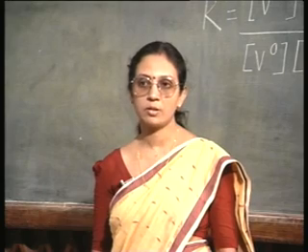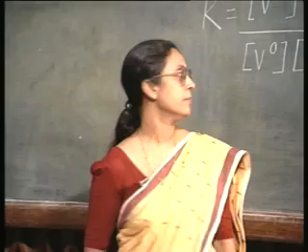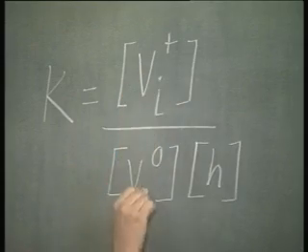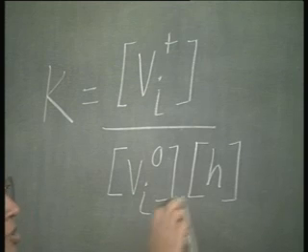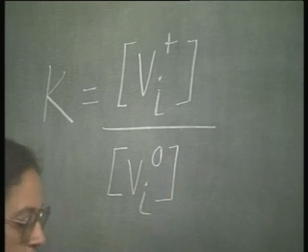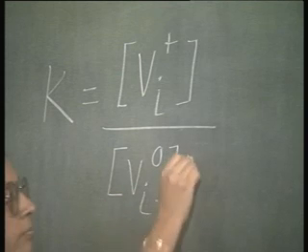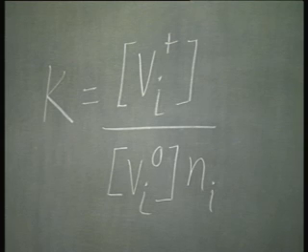If the semiconductor remains intrinsic at that temperature, then I add the suffix i, and what do I write for the concentration of holes? What is the concentration of holes in an intrinsic semiconductor? Simply given as ni, right?